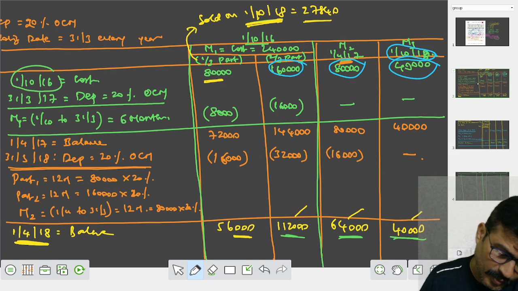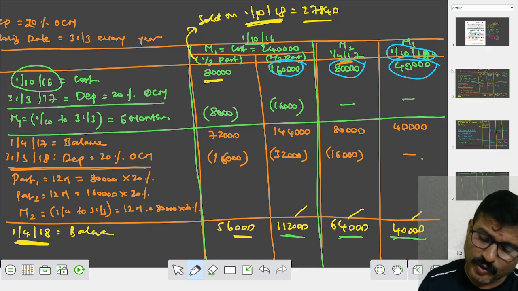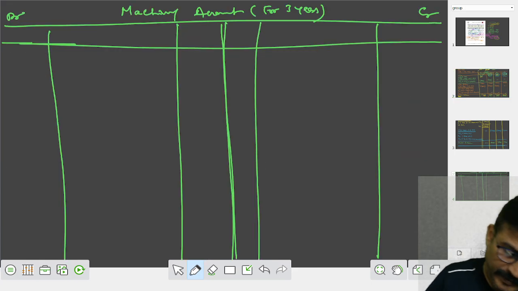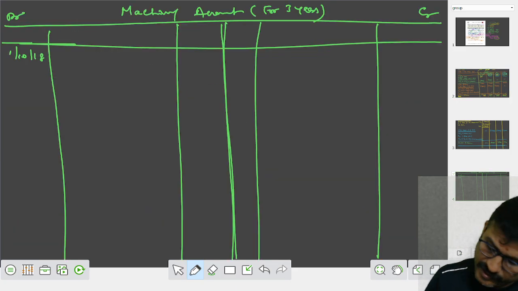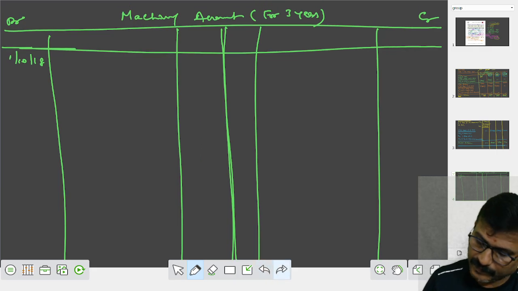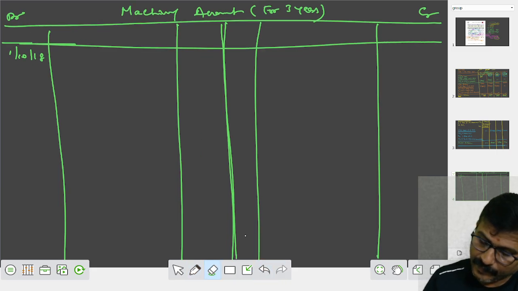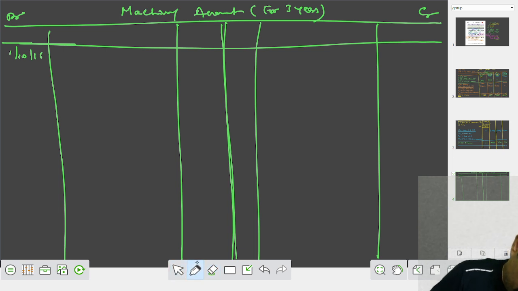On 1st October 16, M1 is purchased. What is the total of M1? Total of M1 is 2,40,000. 1st October 18, 18 or 16? It is 16. 1st October 16, to bank M1.